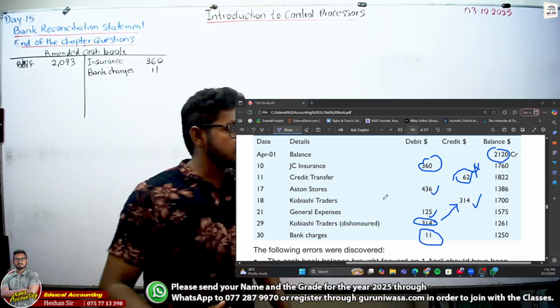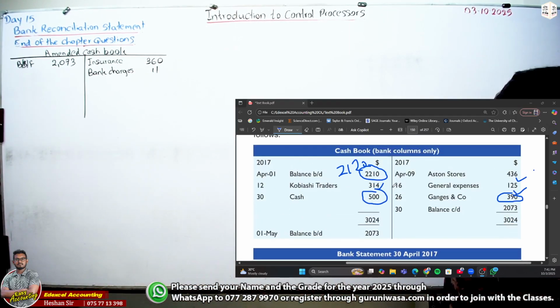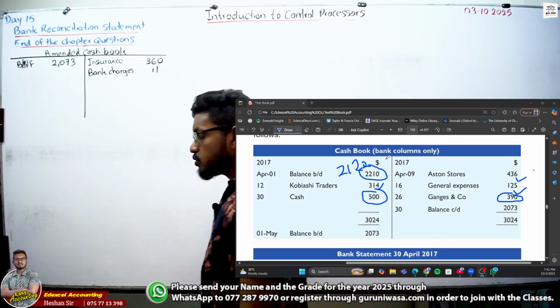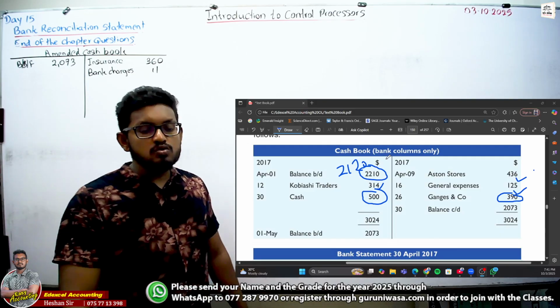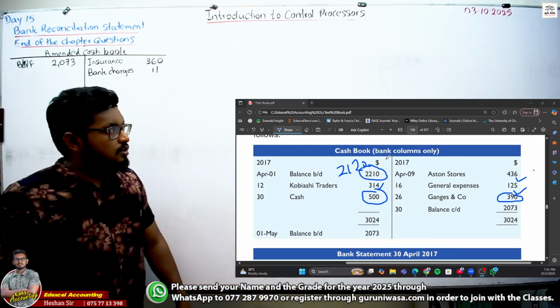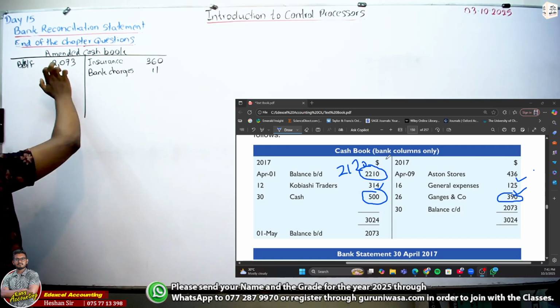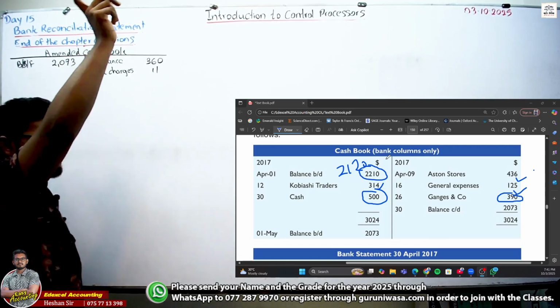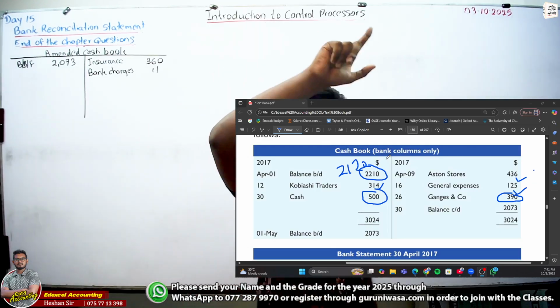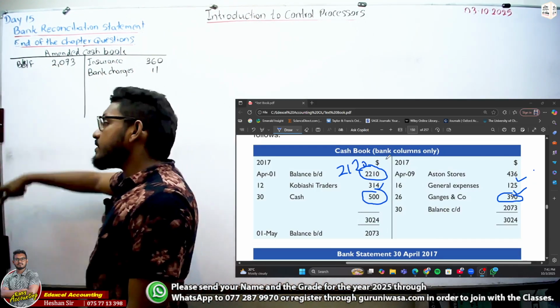Now look here. This is really important. First I take this one. The opening balance should be 2120, but we recorded it as 2210. The closing balance is also wrong, since the opening balance is wrong.